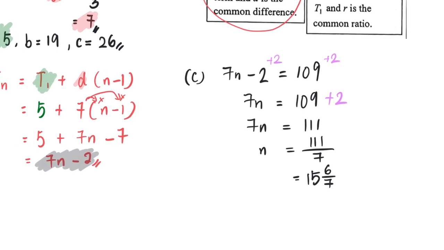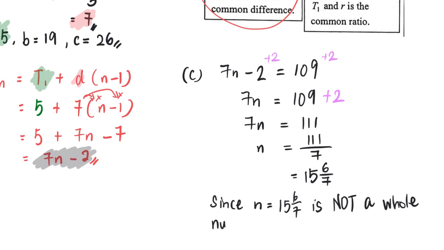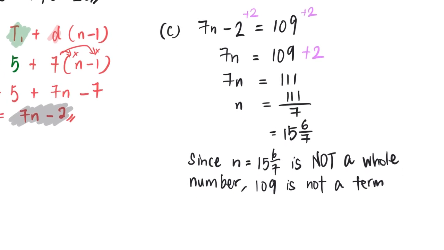And that is really important because since n, which is equals to 15 and 6 over 7, is not a whole number, therefore, 109 is not a term in this sequence.